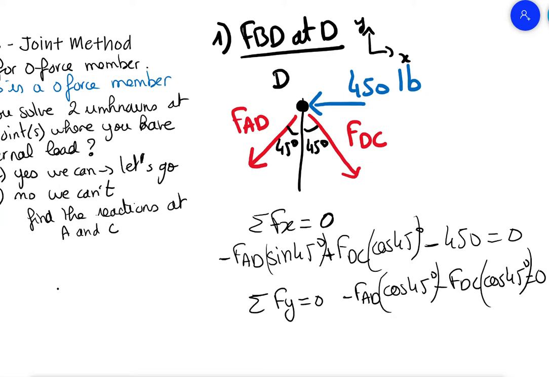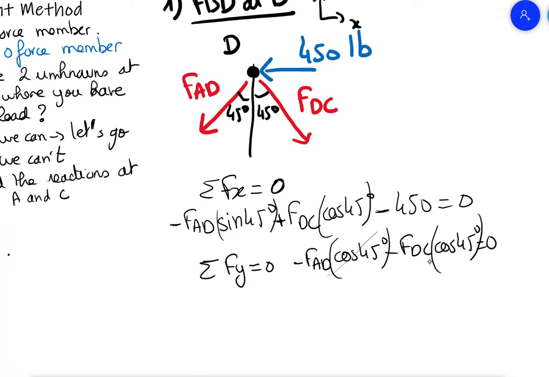We can divide by cosine 45 on both sides. It means that FAD is equal to minus FDC. So they have the same magnitude, but they will be in opposite directions. One is going down and one is going up. Let's replace FAD by minus FDC in the X equation. Substitution.